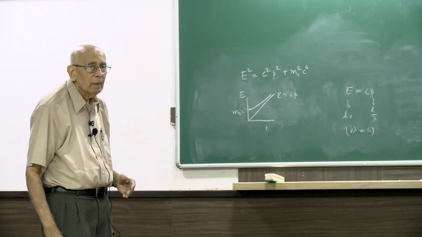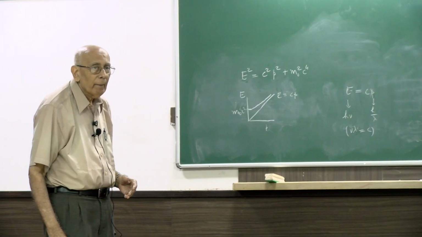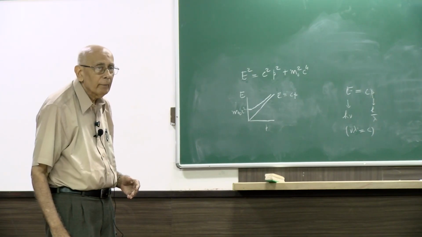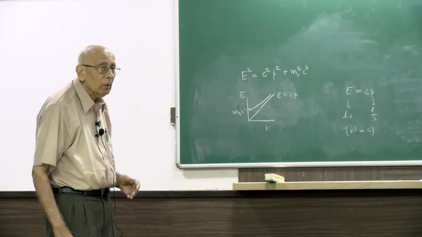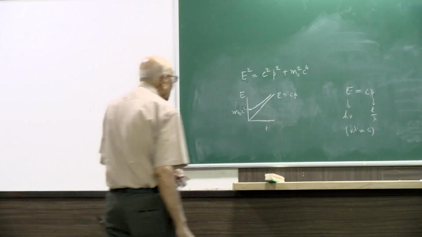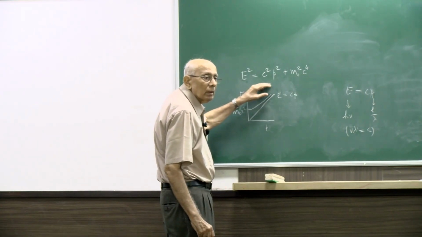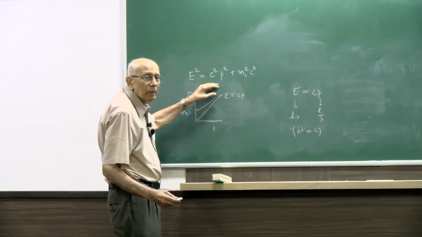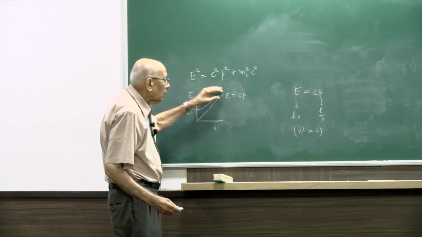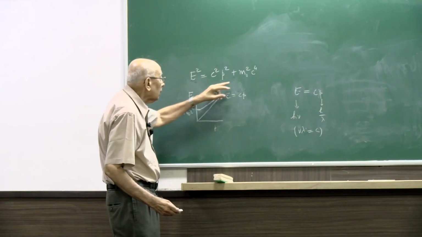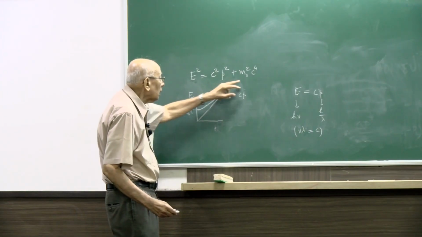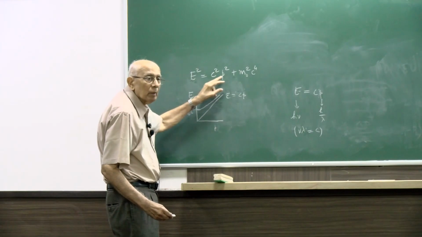Since photons don't have mass, I'm not understanding how can we have. How can I have what? Yeah, so photons correspond to putting m naught equal to 0 in this formula. Then E squared is c squared P squared or E equal to cP. This relation is true asymptotically even if there is a mass here because P is much bigger than this. This term is much bigger than that.